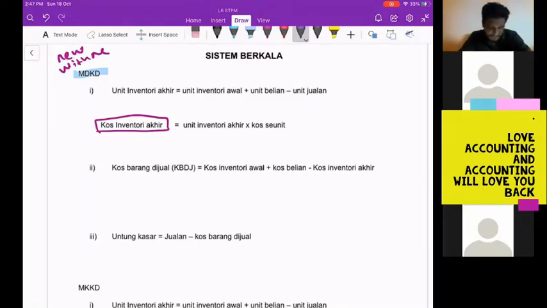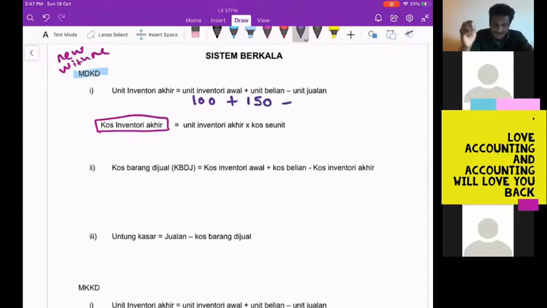According to this table, my inventory awal unit is 100. Tambah with beli. I beli how many unit? First I beli 80 unit and then saya beli 70 unit. So total unit yang saya beli adalah 150 unit.